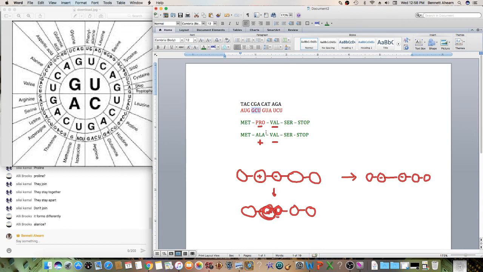It's alanine. It's the same thing, right? So Hannah, you're right. It's hard to see, but this is alanine. So I had a mutation, didn't I? I changed something, but did it have an effect? No, you're right, it didn't.